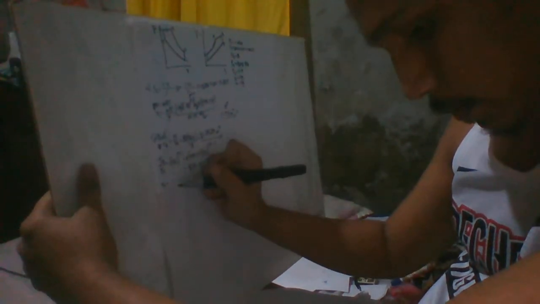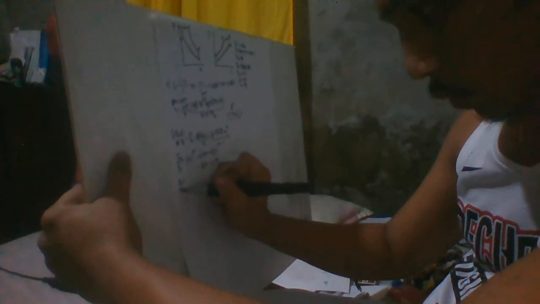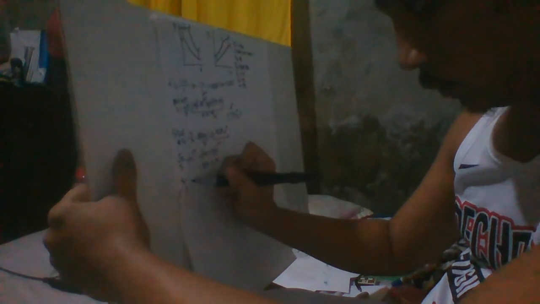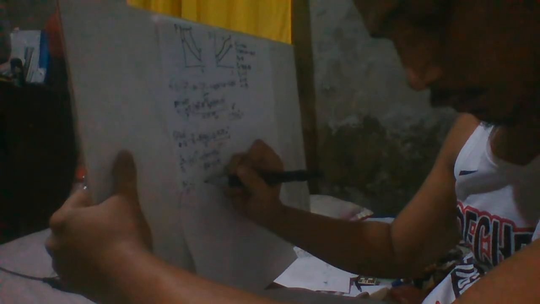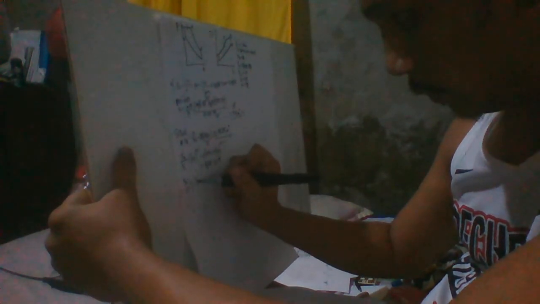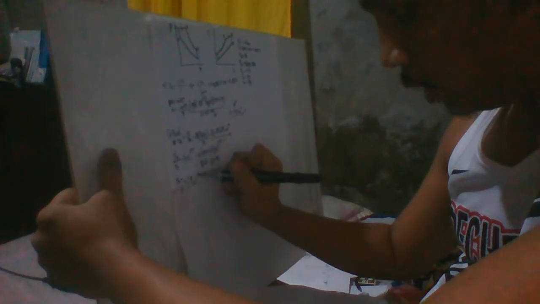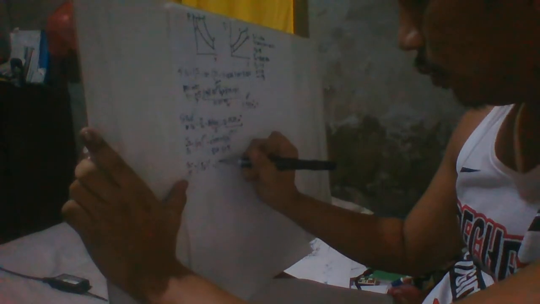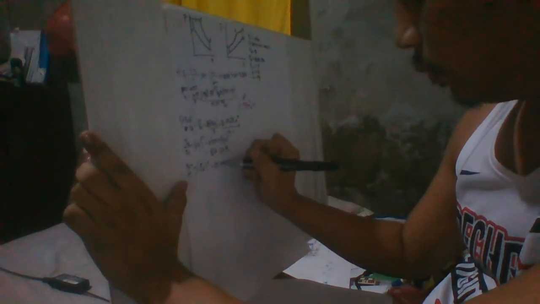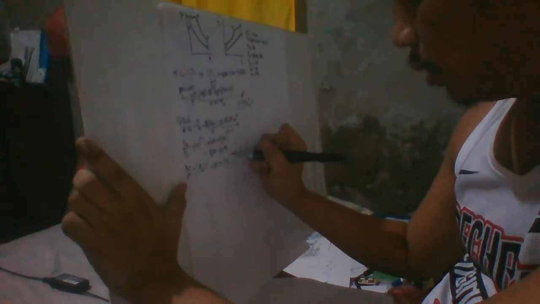Now we will proceed to pressure 2. Pressure 2 over pressure 1 is equal to the compression ratio raised to K, so P2 is equal to 101.325 times 18 raised to 1.31.